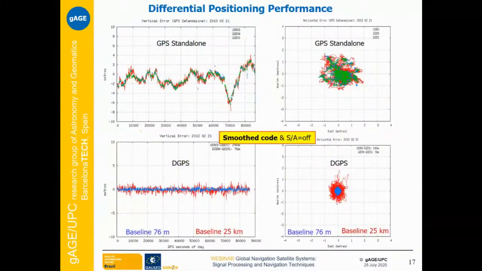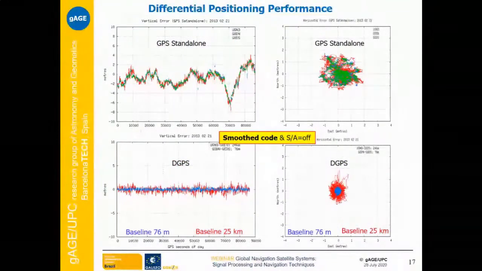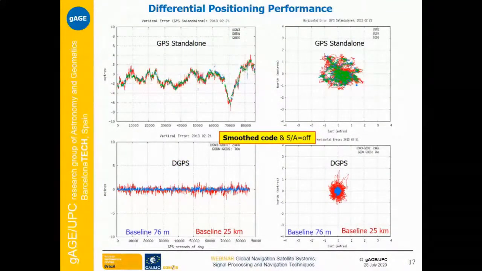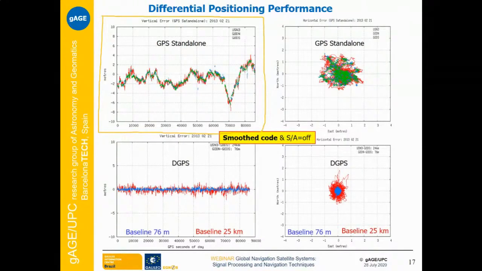So if we look at the standalone positioning, for example, the vertical error, and this is what is shown in the top left graph, we can see the standalone positioning. We can immediately notice that the 3 stations, every one of these 3 stations is depicted with a different color.